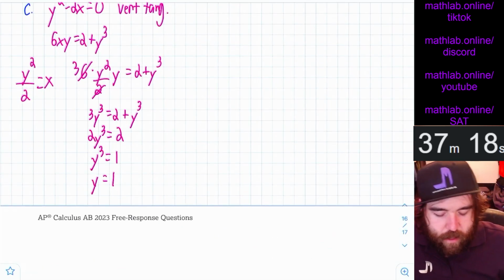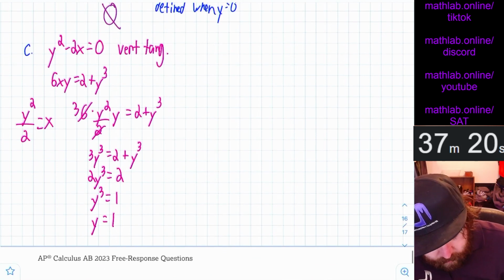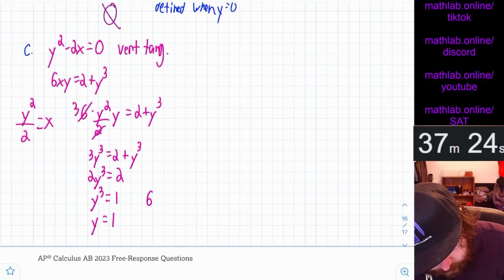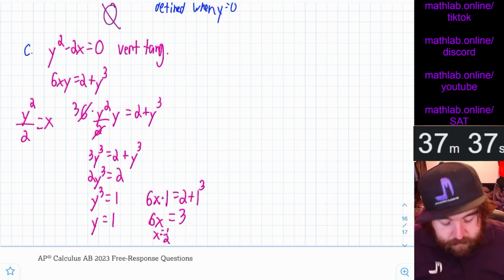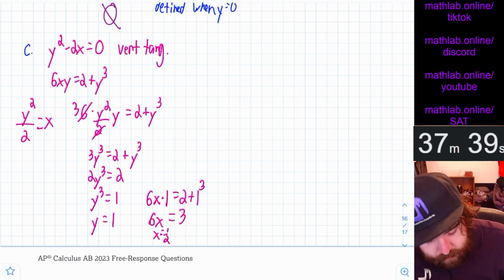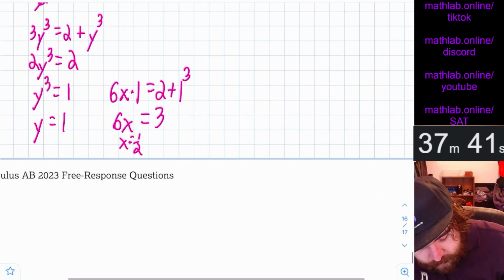y equals 1. And then if y equals 1, we pop that up here and say that 6x times 1 equals 2 plus 1 cubed, we get 6x equals 3. So x is 1/2. So it should be at the point (1/2, 1).